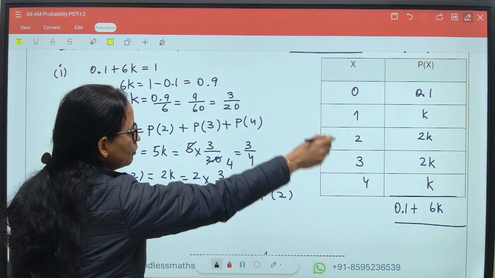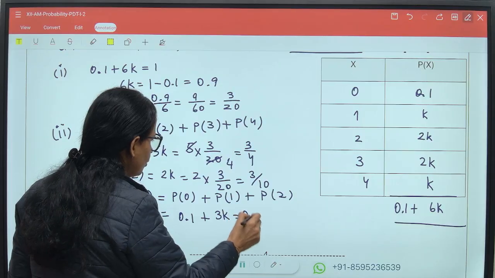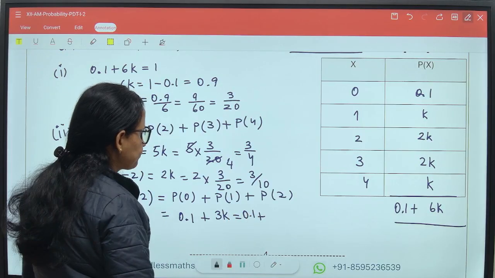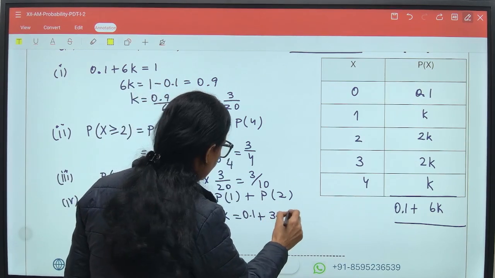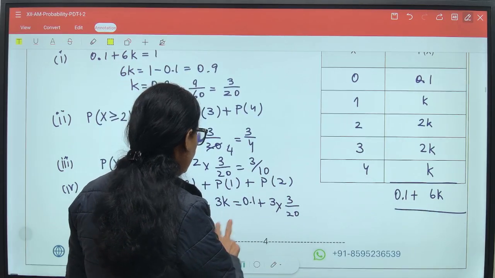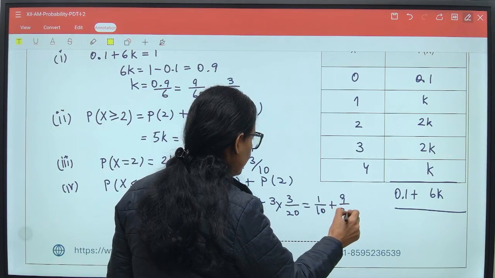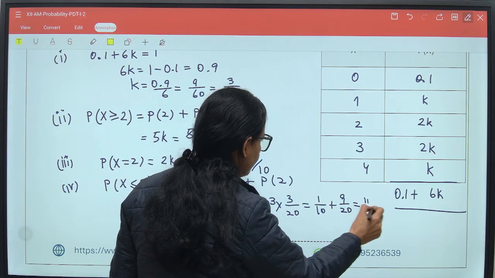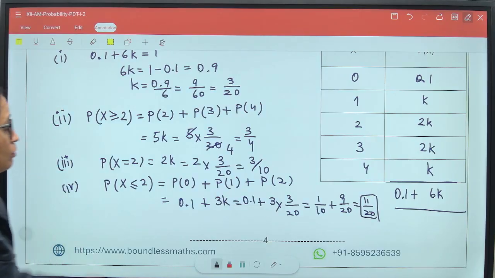For 1 and 2, it is 2k plus k, that becomes 3k. So let's solve this. 0.1 plus 3k. So it is 3 into 3 by 20, it becomes 9 by 20. So it is 1 by 10 plus 9 by 20, and that becomes 11 by 20. So this is the probability for less than or equal to 2 hours.